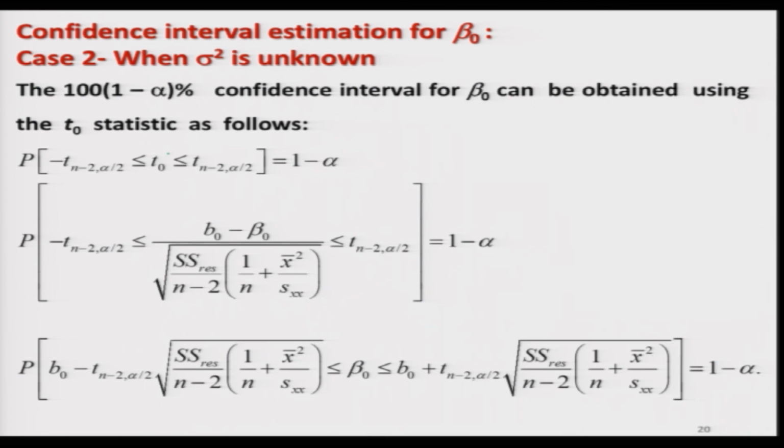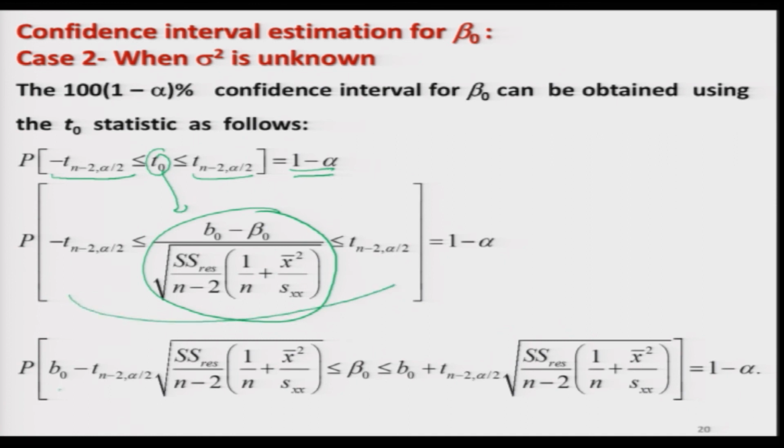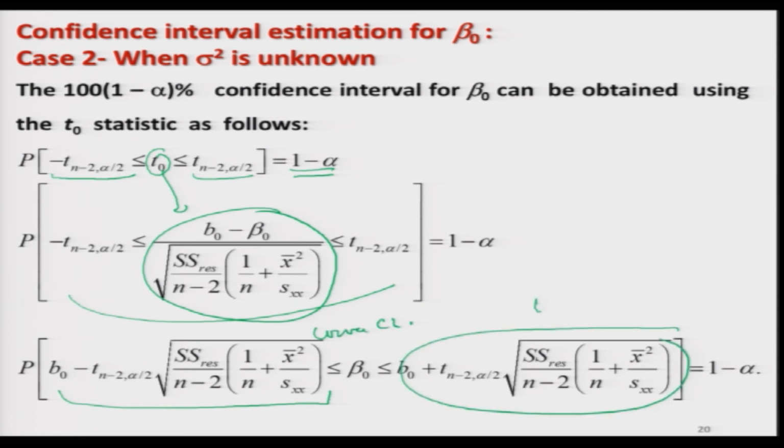So, in this case, the T0, which is this statistic, will lie between minus t alpha by 2 and plus t alpha by 2 at n minus 2 degrees of freedom, and the probability of such an event is 1 minus alpha. So, if you simply try to solve this inequality, you will get this as your lower confidence limit and this quantity here as the upper confidence limit, and the probability of such an event will be 1 minus alpha.